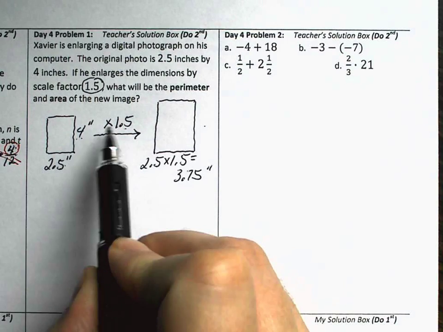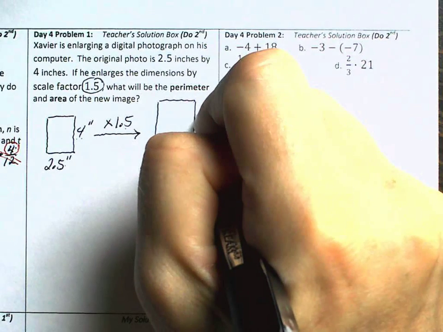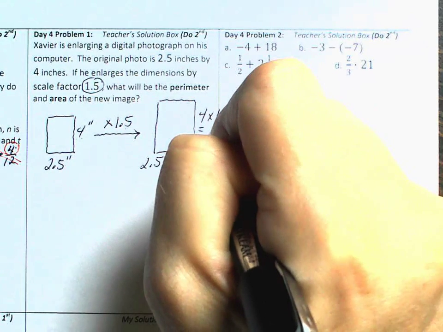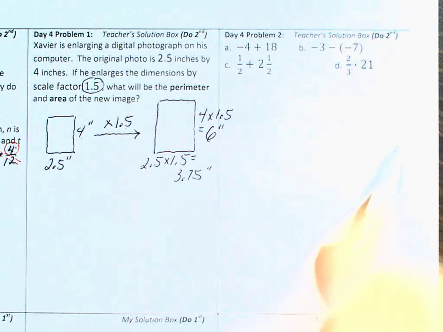Alright, now the height of this. We'll take the original height 4 and multiply that by 1.5. And that is 6 inches.